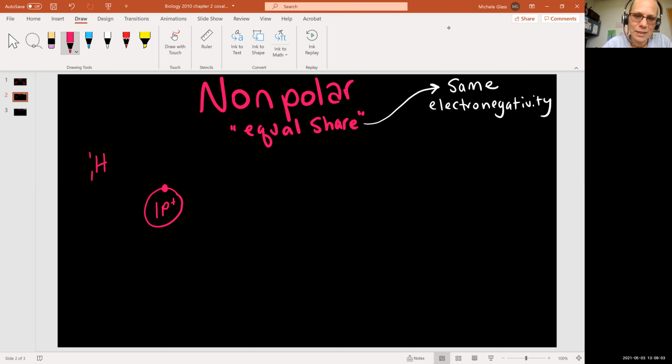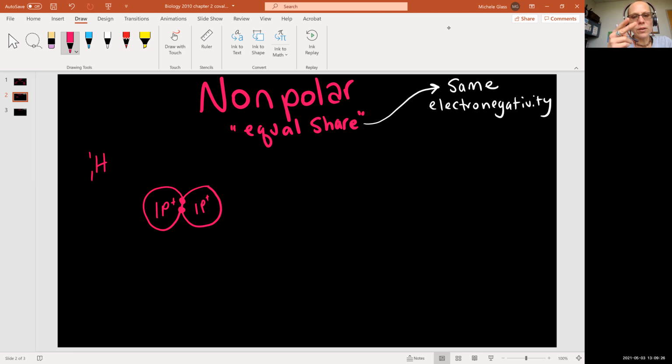Clearly, it's reactive. So one of the easiest ways for hydrogen to fill its shell would be to make a covalent bond with another hydrogen. And what will happen here is the electrons of each are shared together.